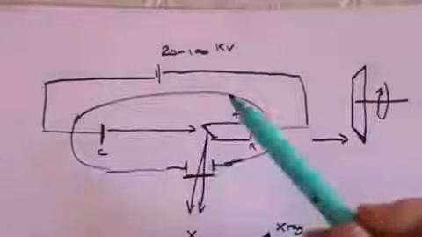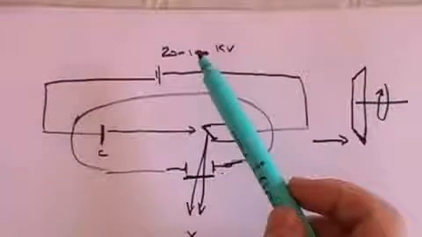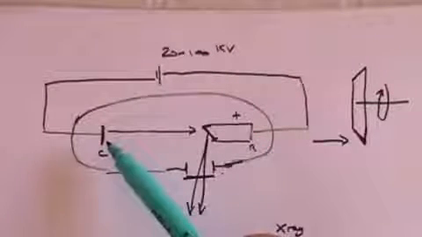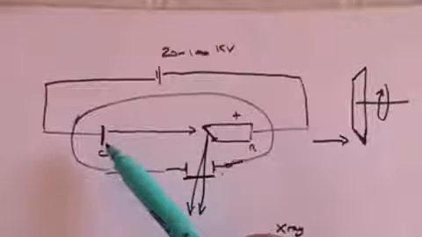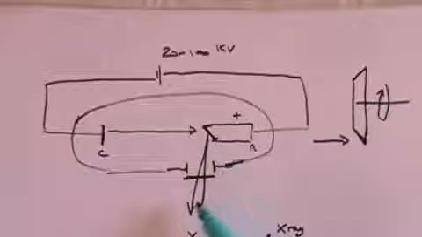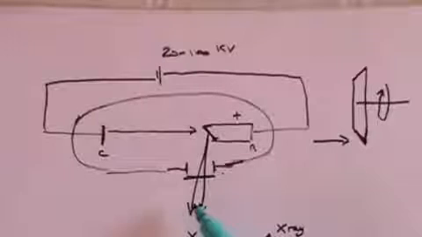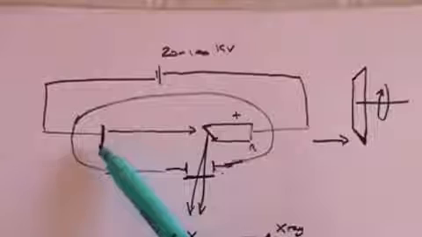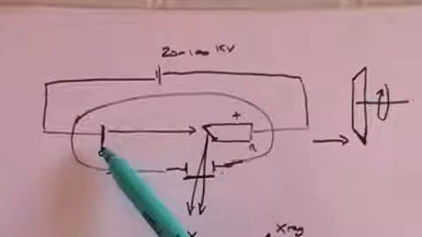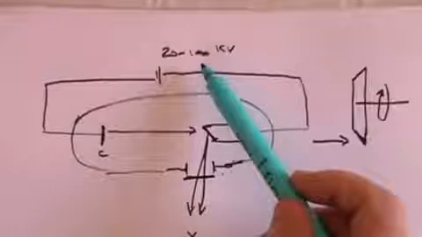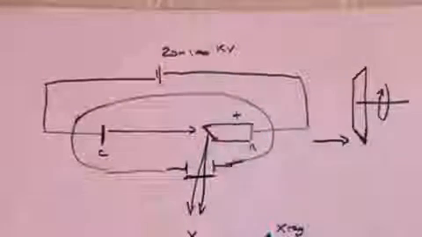So it's a question of varying the voltage in order to get higher energy X-rays, and the current, by heating up the cathode, in order to generate more electrons, in order to get more X-rays, that is a higher intensity of X-rays. So you get more X-rays by getting the current, by heating up the cathode, and you get higher energy X-rays by having a higher voltage.